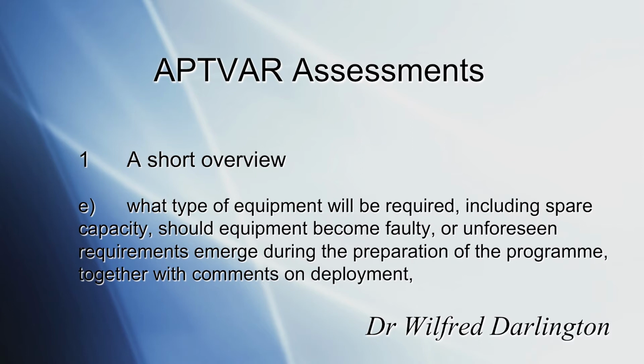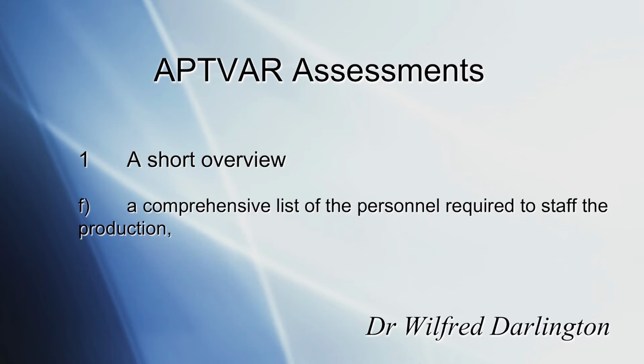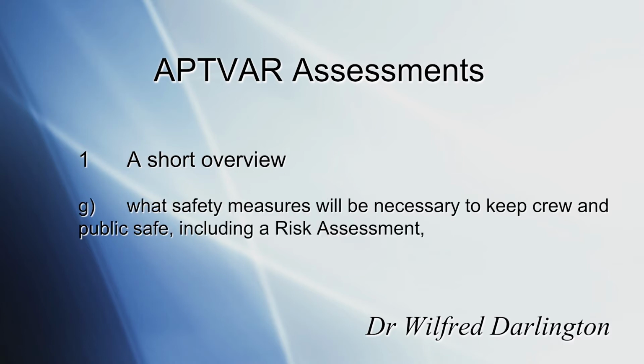What type of equipment will be required, including spare capacity should equipment become faulty or unforeseen requirements emerge during the preparation of the programme, together with comments on deployment. A comprehensive list of the personnel required to staff the production. What safety measures will be necessary to keep crew and public safe, including a risk assessment.